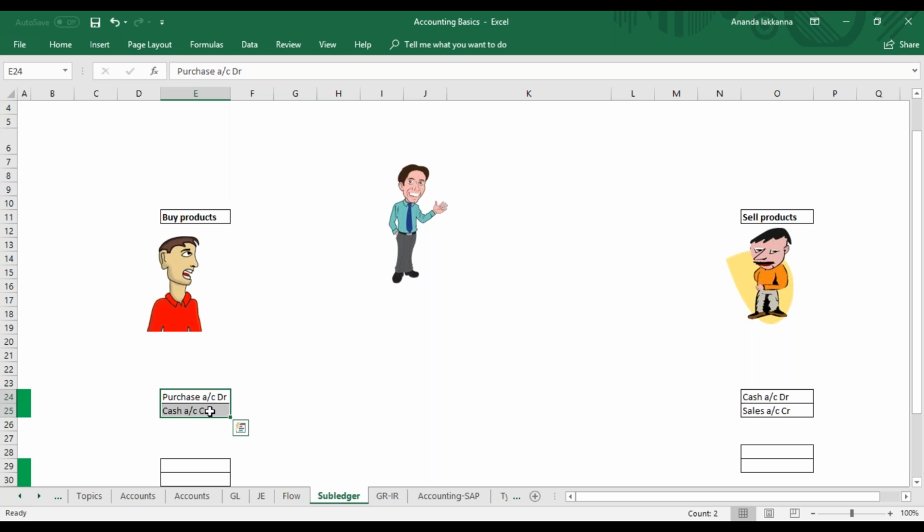Just imagine as your business grows, you hire someone to buy a product and someone to sell a product. If this scenario comes into the picture, what will happen? That person, instead of you, will go and bring the product, and this person will sell the product to the customers.